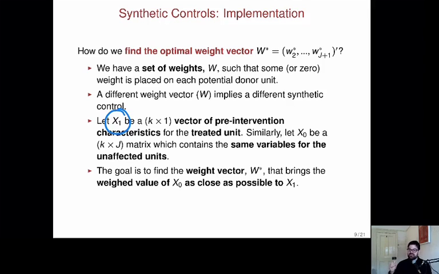So you don't need to purely rely on pre-treatment outcomes. In the case of the Basque Country, this would be GDP, but you can also think about other economic variables that you want to match. And so we take that set of variables for the treated unit and then take the same variables for every unit in the donor pool. The goal is then to find a vector of weights that minimizes the distance between those two sets of characteristics.